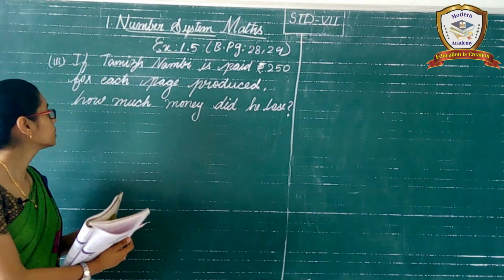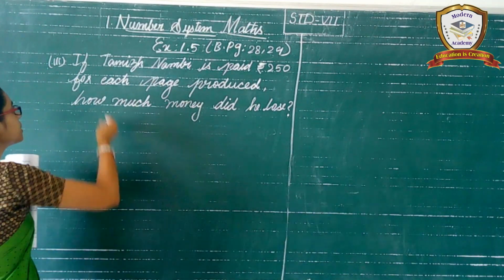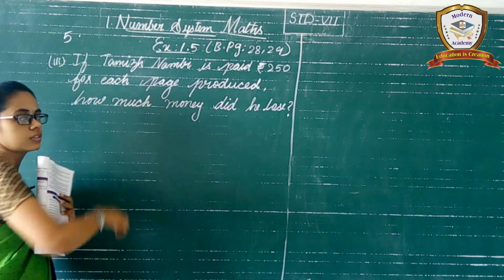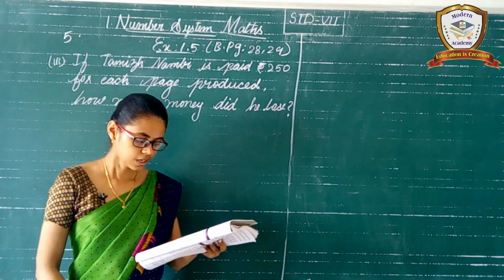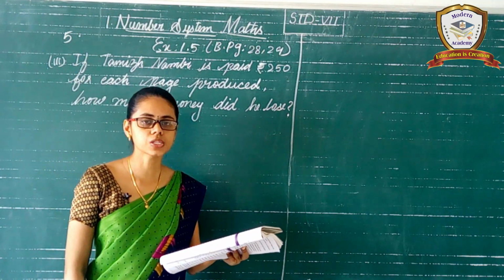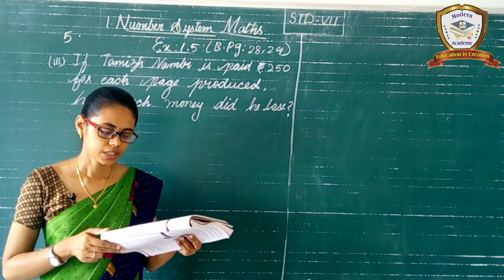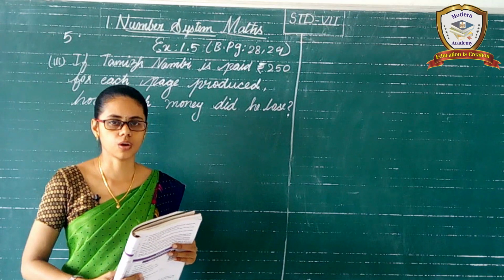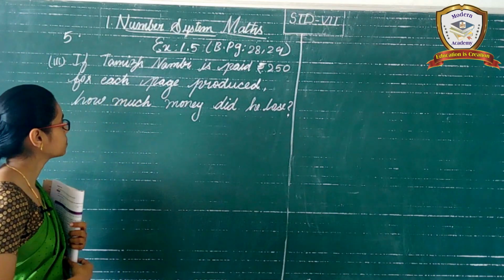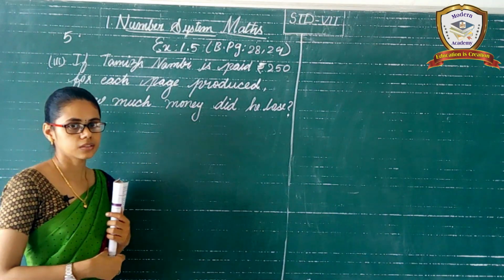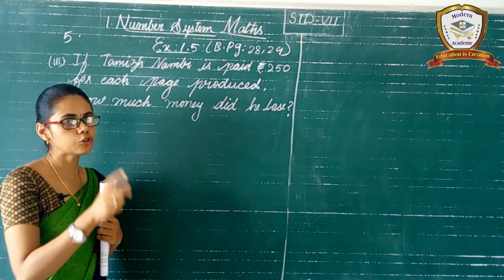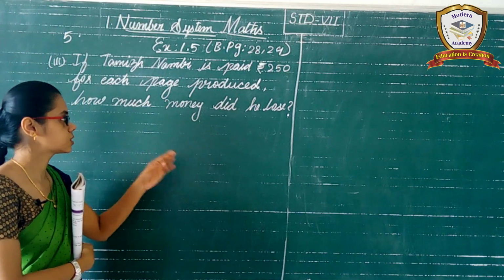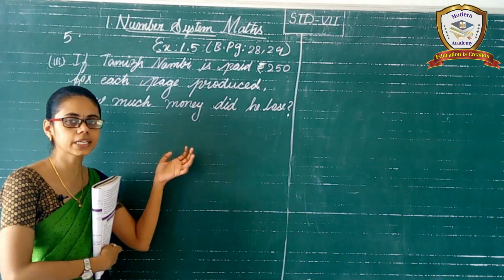Okay. Next see the fifth question, third subdivision. If Tamil Nambi is paid rupees 250 for each page produced, how much money did he lose? So what they are asking is, Tamil Nambi is paid how much amount? 250 for each page. Then how much money did he lose?